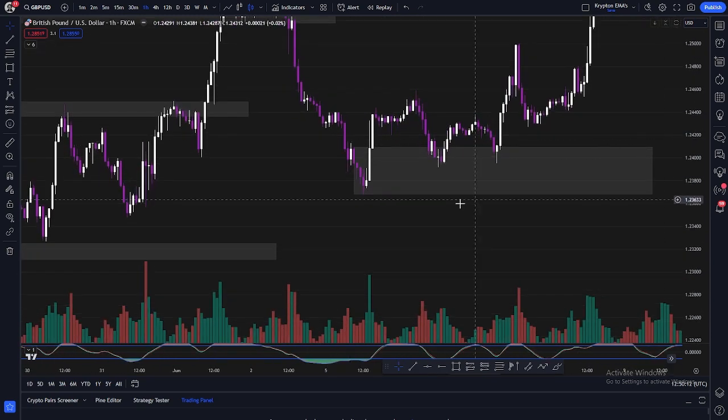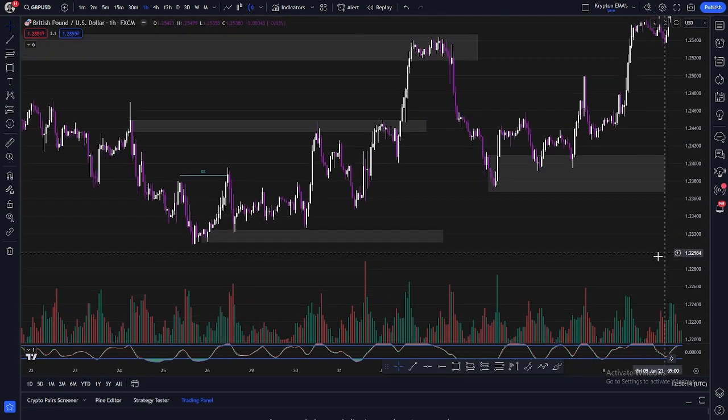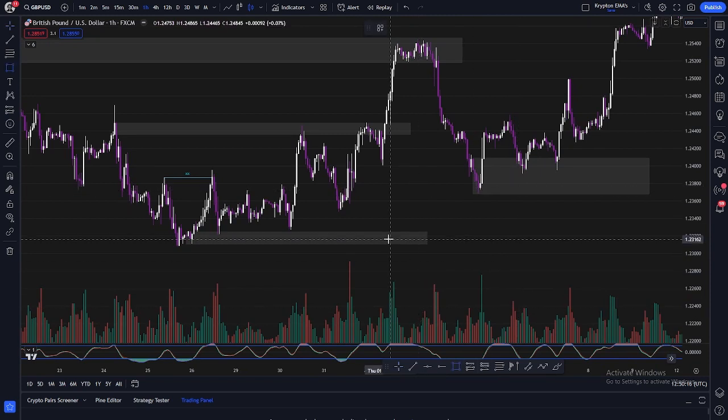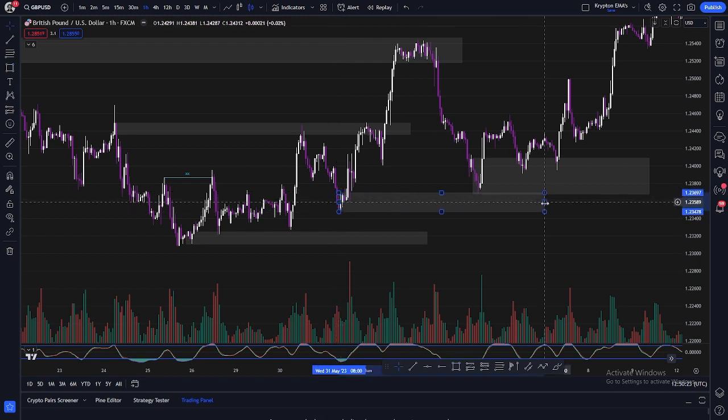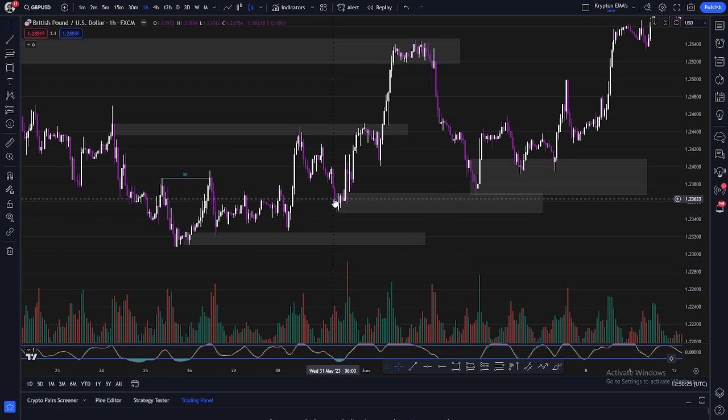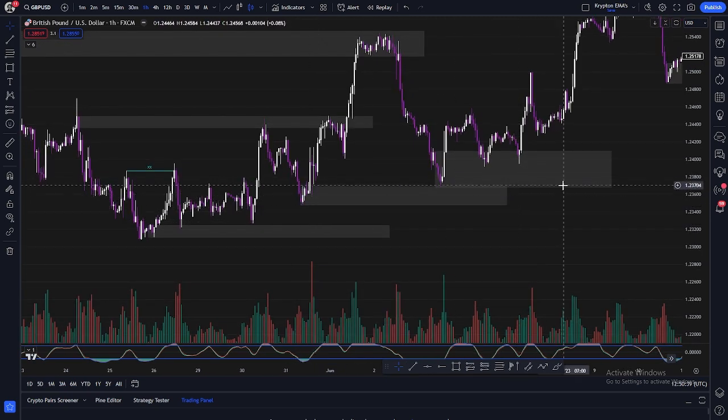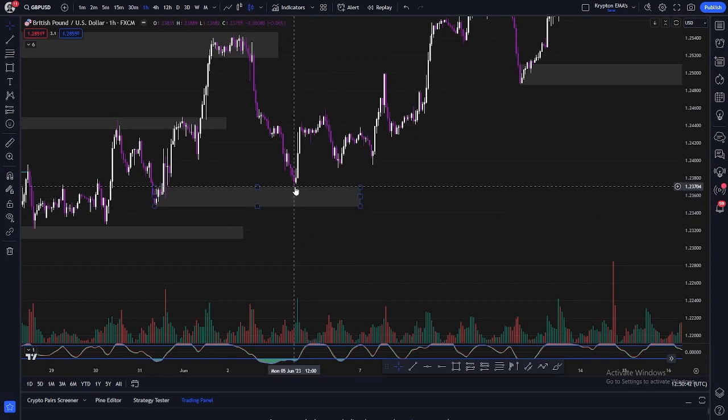But if you continue from here on and you say, what are we looking at here? Let's say the last down move before the up move. I would say this, but I don't think that was tested, but we can see tested as well. Even this last move, again, this is not the last down move for the up move. This is the last, what I would consider consolidation, or move where it was kind of struggling before the up move. And you can see that if I just delete this, it was tested here, and we continued to the upside.